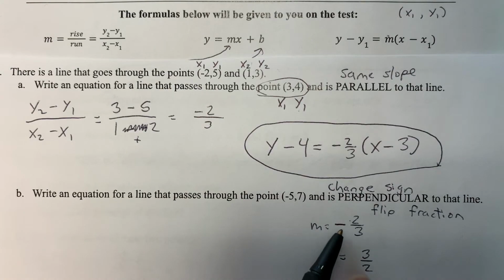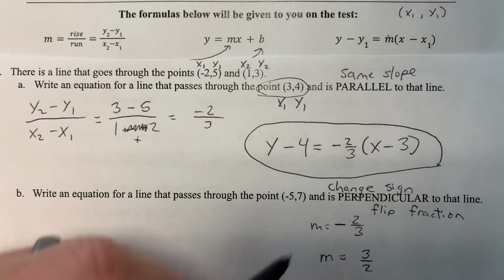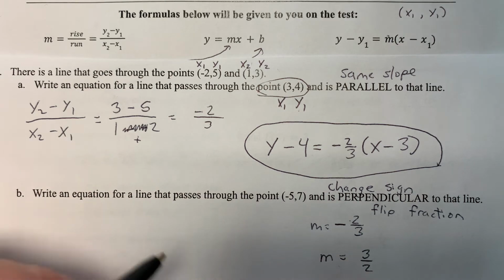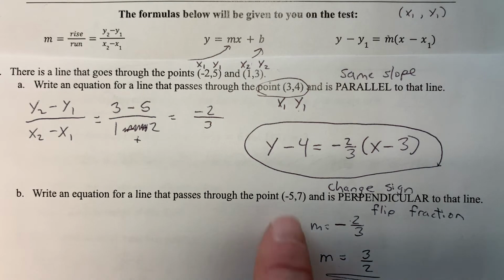So do you see how the sign got changed? The first one was negative, the second one's positive. We changed the sign, and we flipped the fraction. 2/3 became 3/2. So for our new equation, since we want it to be perpendicular, we're not going to use negative 2/3. This time, we're going to use 3/2 as our slope, okay? And we know a point is -5, 7.